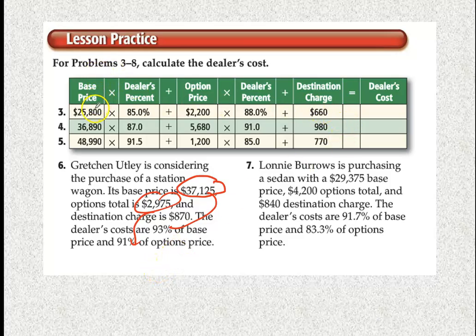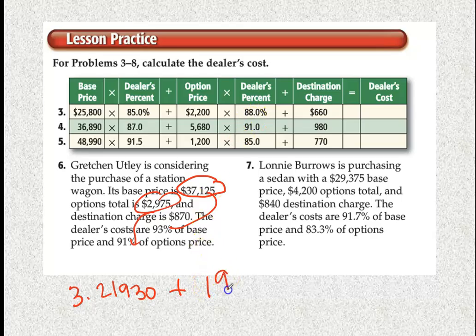If I look at example 3, it kind of lays it out nicely. If I am taking 25,800 times 85%, now unfortunately the chart doesn't have a place to write that, but I would get 21,930, plus multiply 2,200 times 88%.